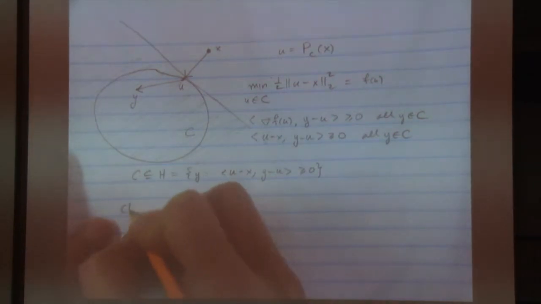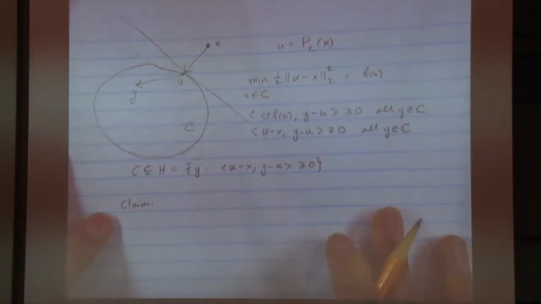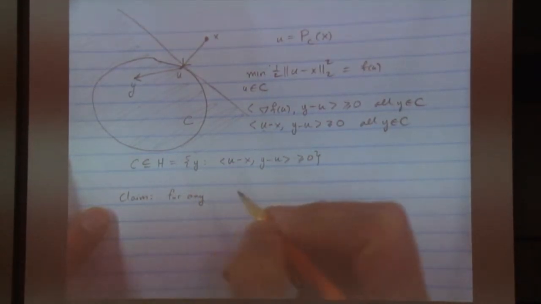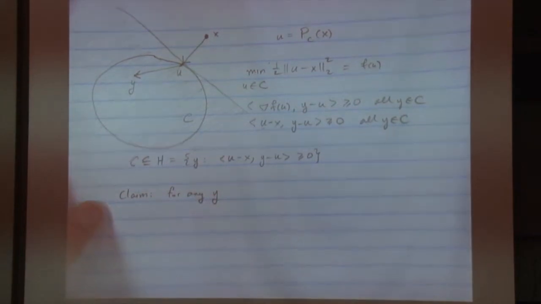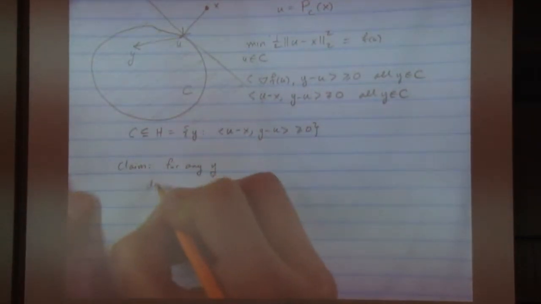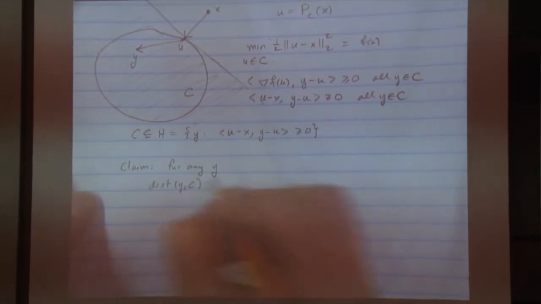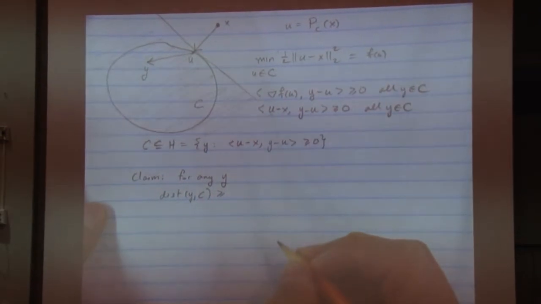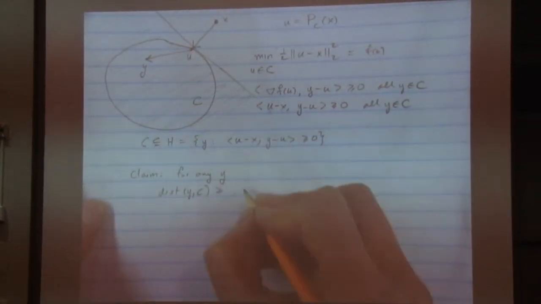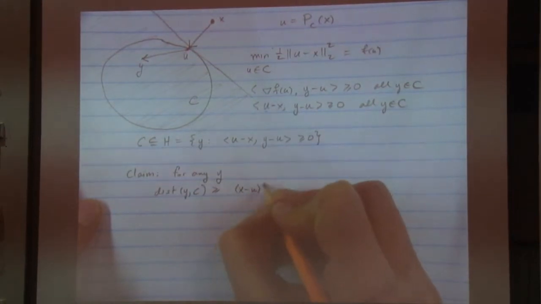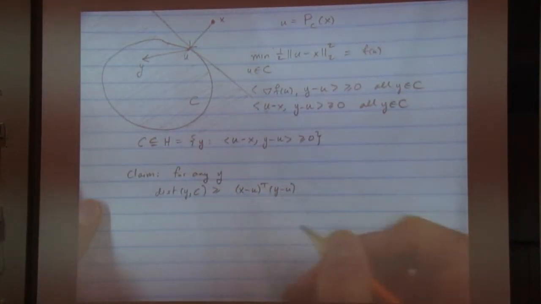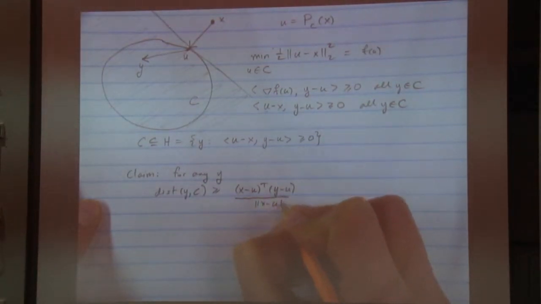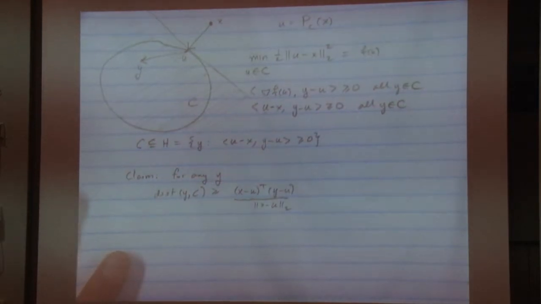Now I'm going to claim the following, which is that for any y, the distance between the point y and C is going to be bigger than or equal to what happens when we take this quantity and we normalize it by its leading inner product.